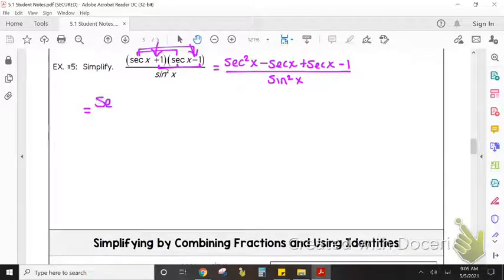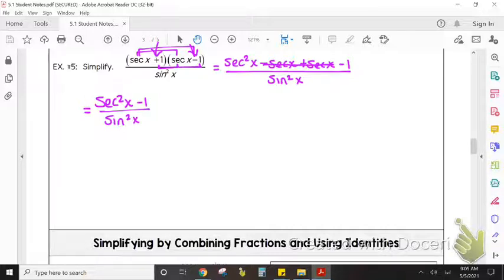So let's see, we have secant squared of x. Our secant of x plus secant of x cancels, and we have minus 1 over sine squared of x. Now, secant squared of x minus 1. Now it's squared, and my instructions are just to simplify.